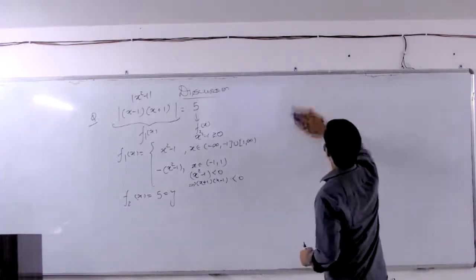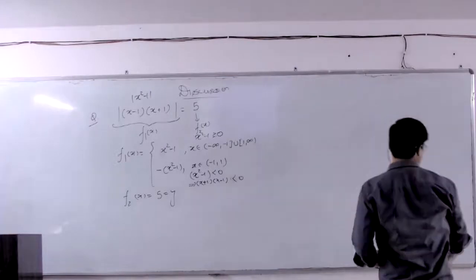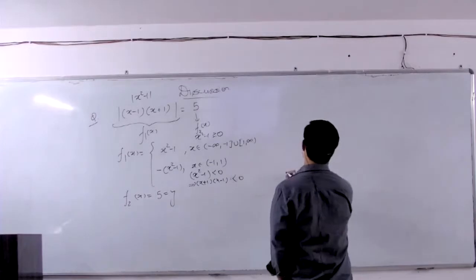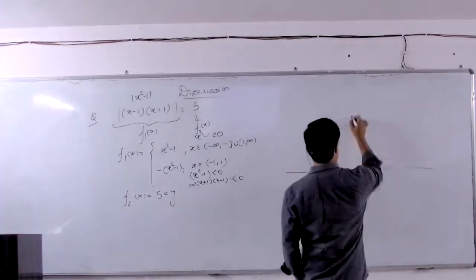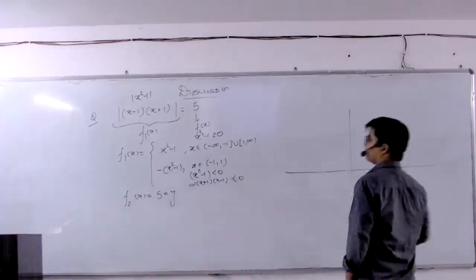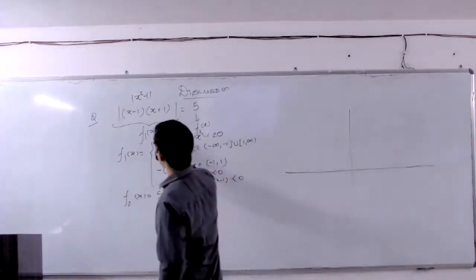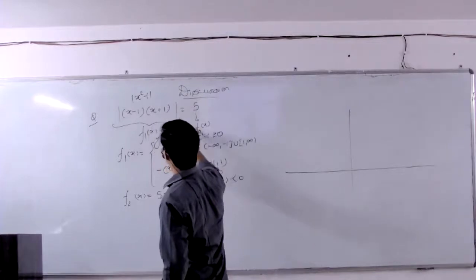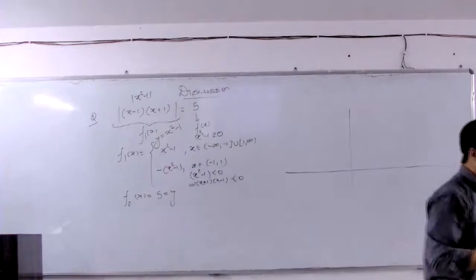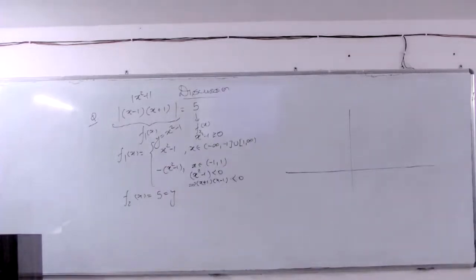In any way, we have modulus, so we can draw its graph very easily. y equals x square minus 1 is an equation of a parabola, an upward opening parabola. Yes or no?